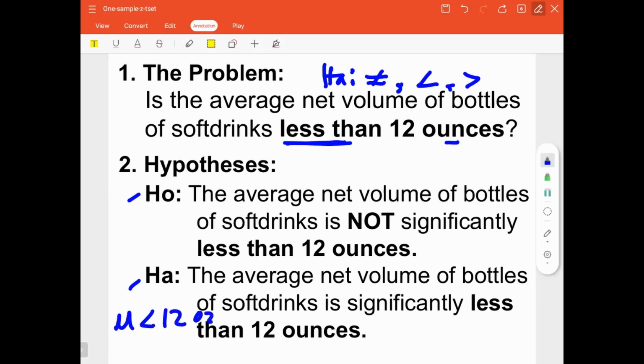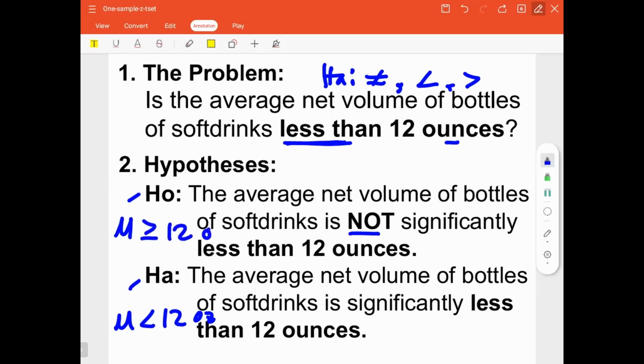Versus its complement, the average net volume of bottles of soft drinks is not significantly less than 12 ounces. Not significantly less than meaning it can be greater than, can be equal. So hence our HO will be mu is greater than or equal to 12.